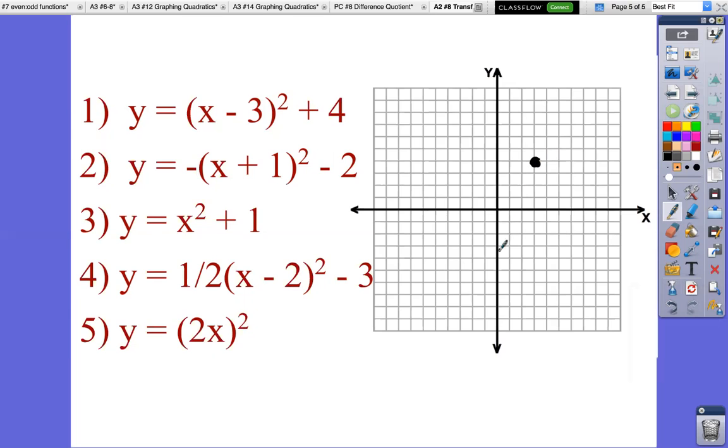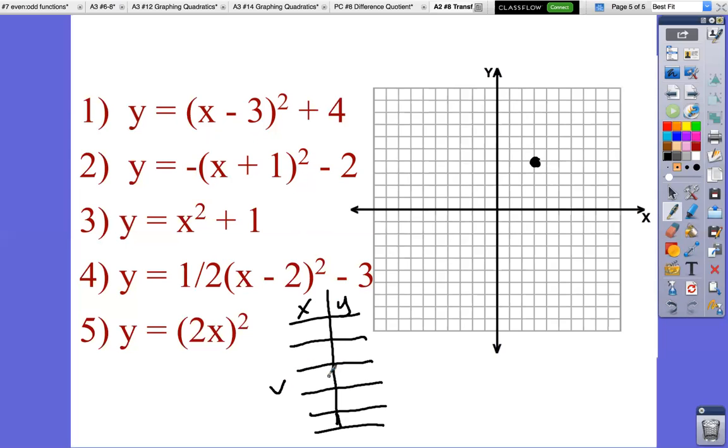So let's go ahead and make the table. Whenever you make a table, and we're going to discover that A value, I need 5 points when you guys do this. Your vertex always goes in the middle. So what's my vertex? Positive 3, positive 4.